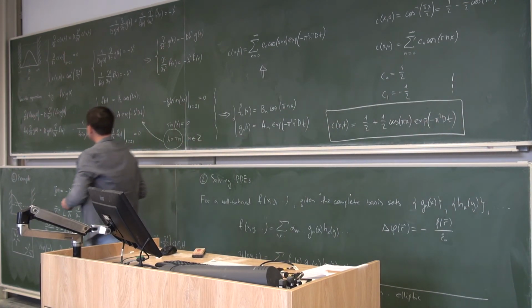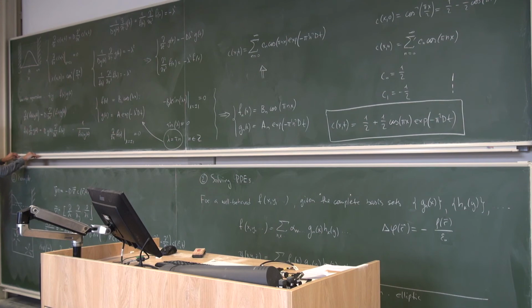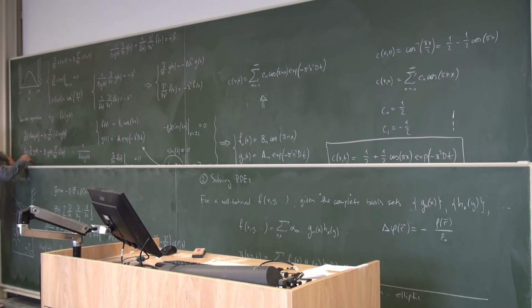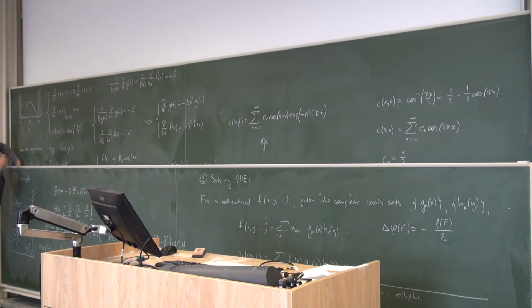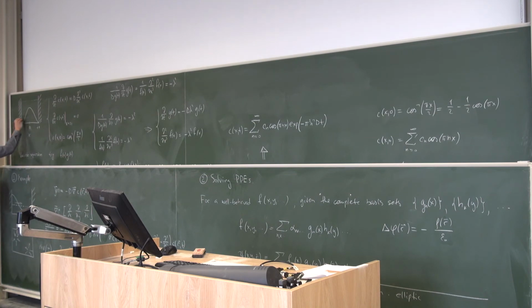What will happen is concentration will start leveling out. So we have the constant and we have the cosine. So it will be something like this. If we give it more time, it will start leveling itself out more. Like that.